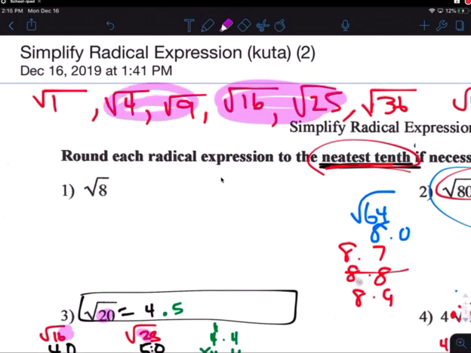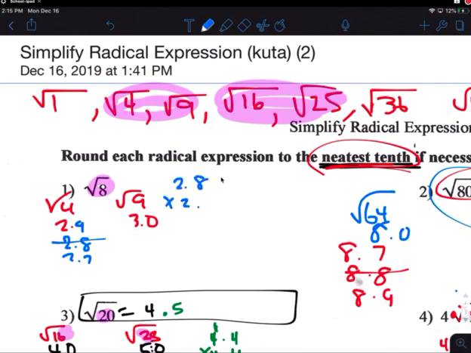Okay, square root of 8 is between 4 and 9. Closer to 9, so it's 2 to 3.0. So the three closest numbers to 3.0 are 2.9, 2.8, and 2.7. Let's choose 2.8. 64, carry the 6, 22, 16, carry 1, 7, 2, 4.